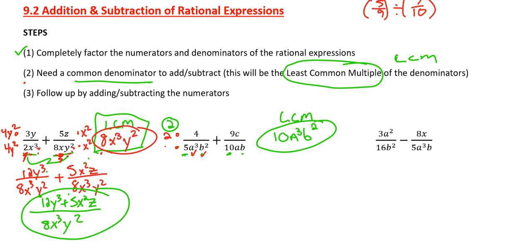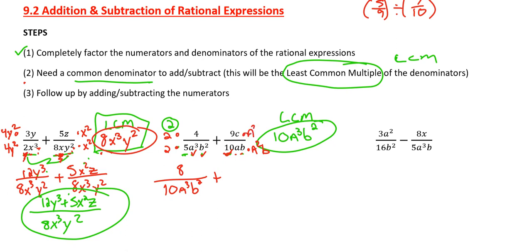So this is going to end up being 8 over 10 a cubed b squared plus, this side, 10, check. We already got that. We don't have the a squared, so we're going to have to multiply by a squared. We don't have a b squared, so we're going to have to multiply by b.